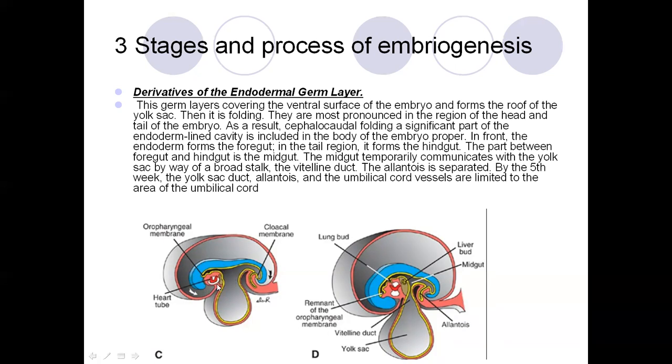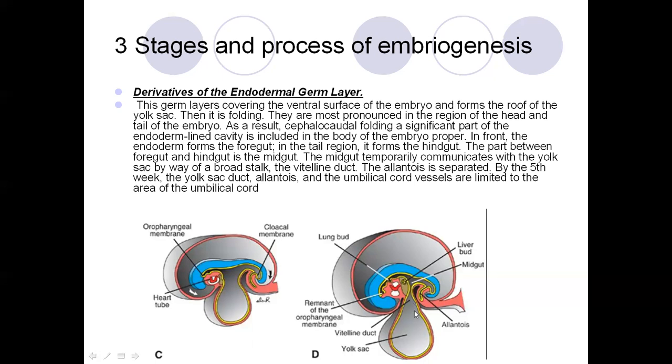Then the fold is dipping and forms the vitelline duct, or broad stalk. The vitelline duct is a tube which connects the primary gut with the yolk sac.